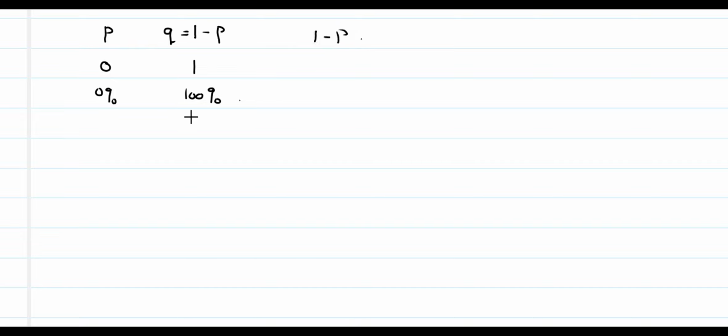Or rather, in simple terms, I need to take this 100% and subtract the probability of success. So in our case, let's say a fair coin gives us a sample space of either a head or a tail, and both of these have an equal chance of appearing. So the probability of each of these appearing is half.